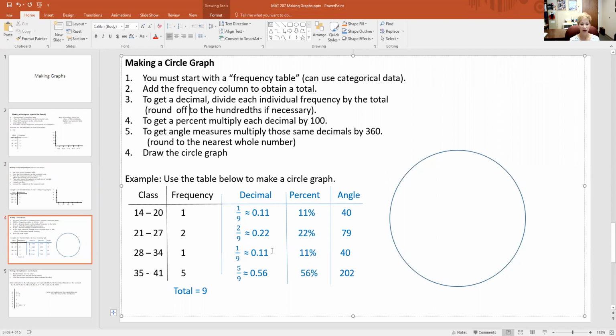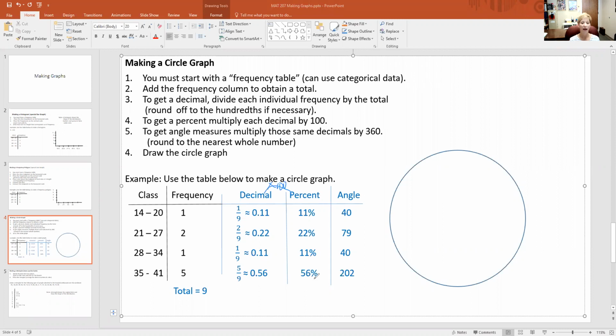And then 0.56 times 100 is 56, so I get 56%. So to go from decimals to percents, you just multiply by 100 and then put your percent sign next to it.